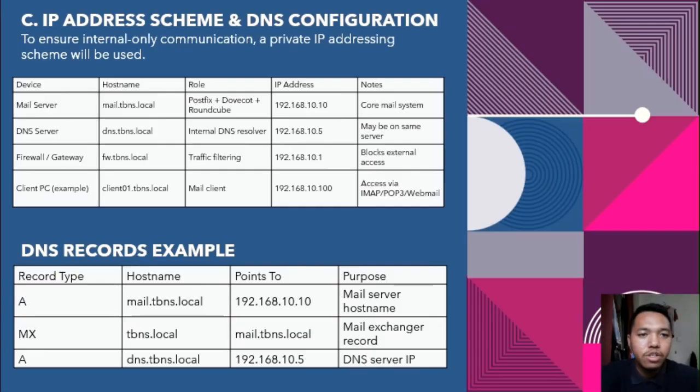Next, the IP address scheme and DNS configuration. This is to make sure that communication is internal only between all the members in the company, using the private addressing scheme that is written here. And below is the DNS, for example.